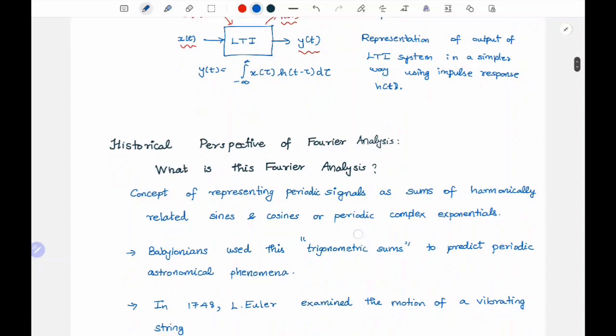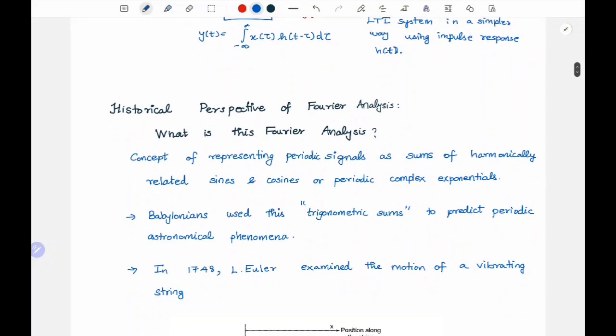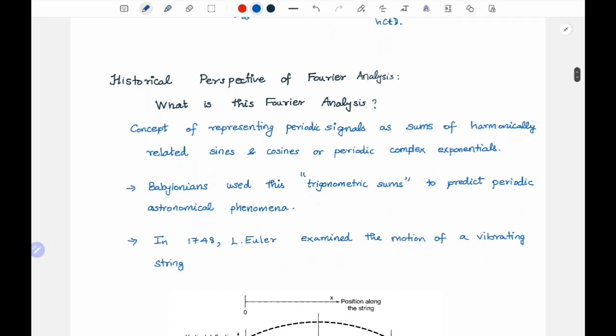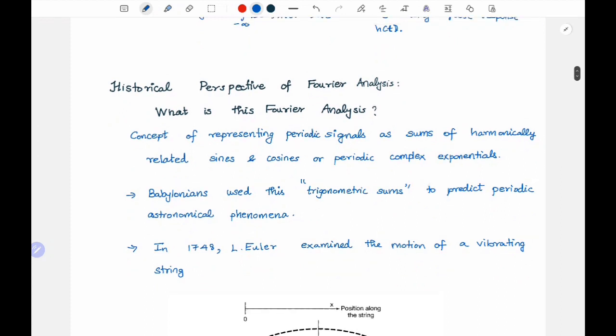So what is this Fourier analysis? It is a concept of representing periodic signals as sum of harmonically related sines and cosines or periodic complex exponential. So in the beginning of the lecture itself, we saw about this complex exponential and sines and cosines.